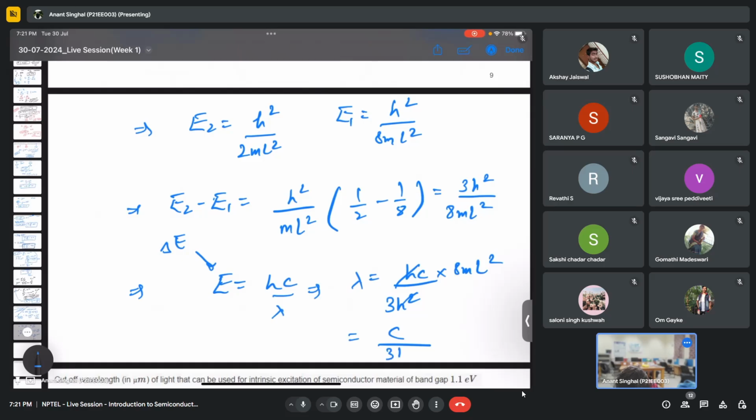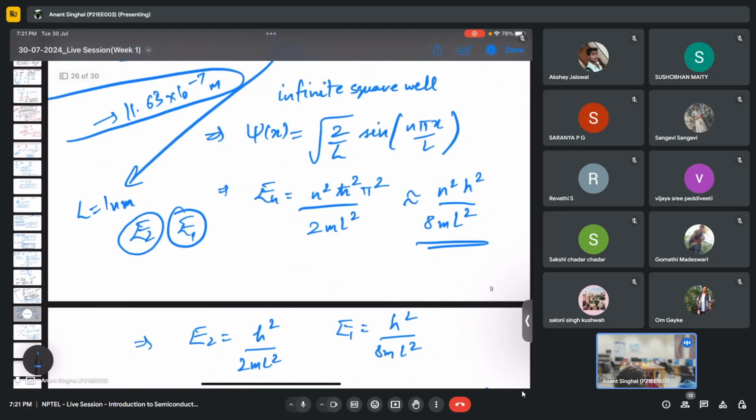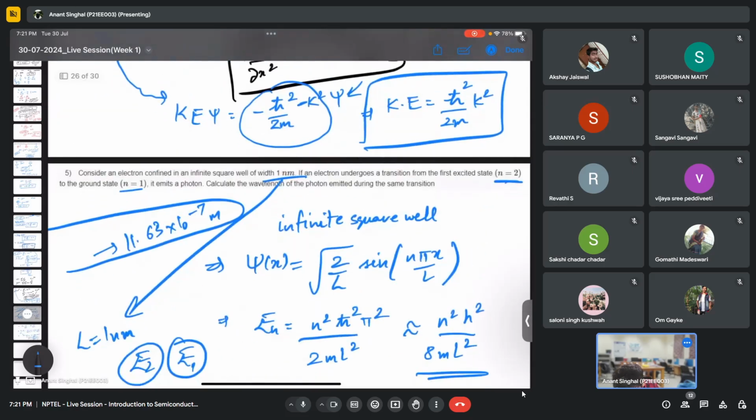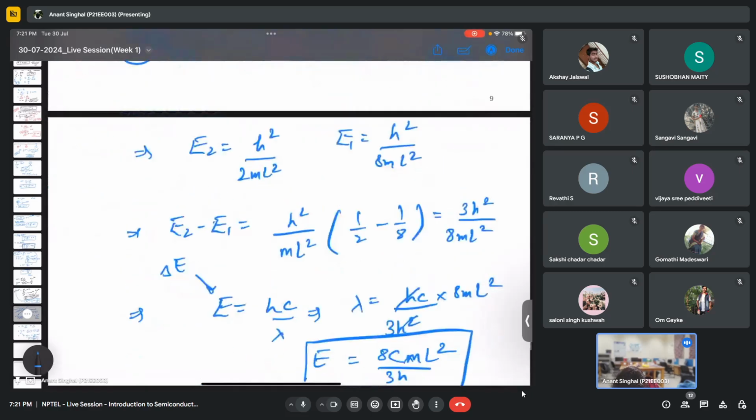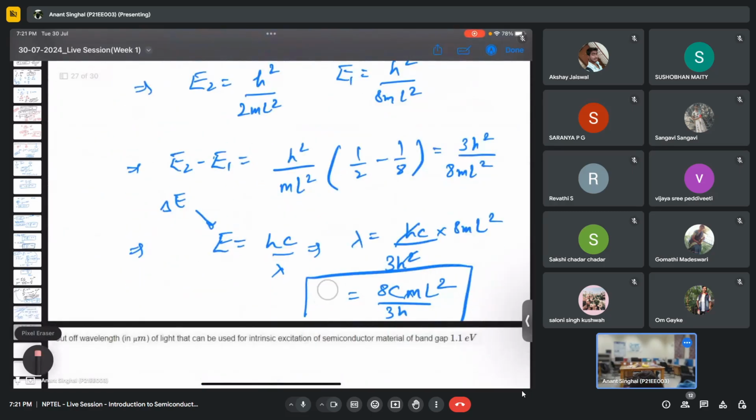This will be 3h, this will be 8 ml square. So yeah, this will be the lambda in meters. These are all constants. You can put in the values and you will get the answer.